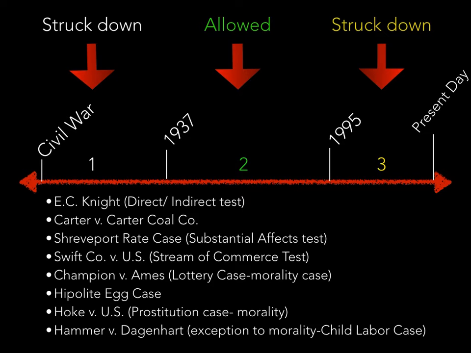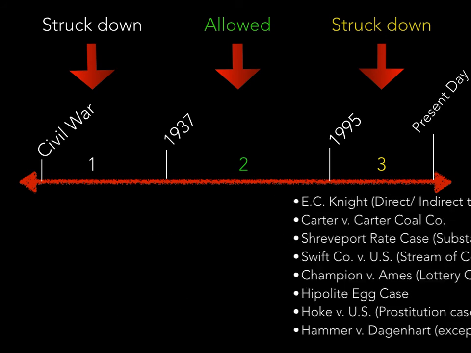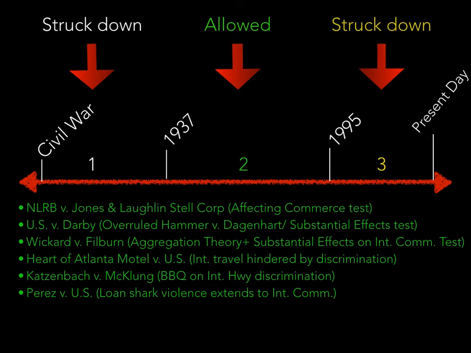Now, the next line of cases, right, are the second period. And like I said before, this period in time is when the court upheld every statute that was challenged under the theory of Congress exceeding its power under the Commerce Clause.